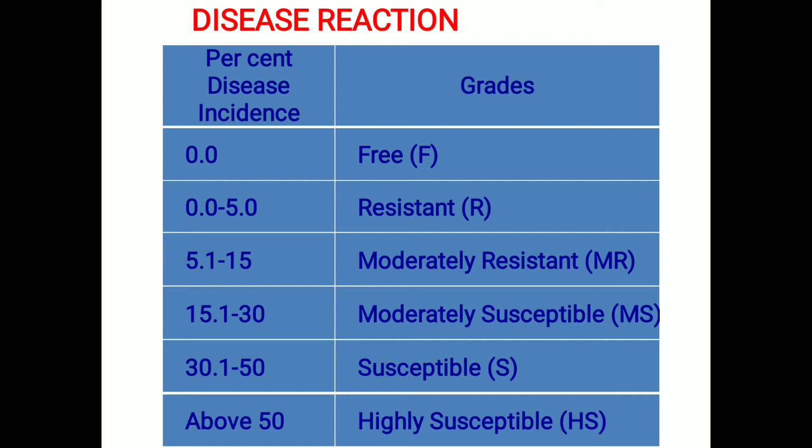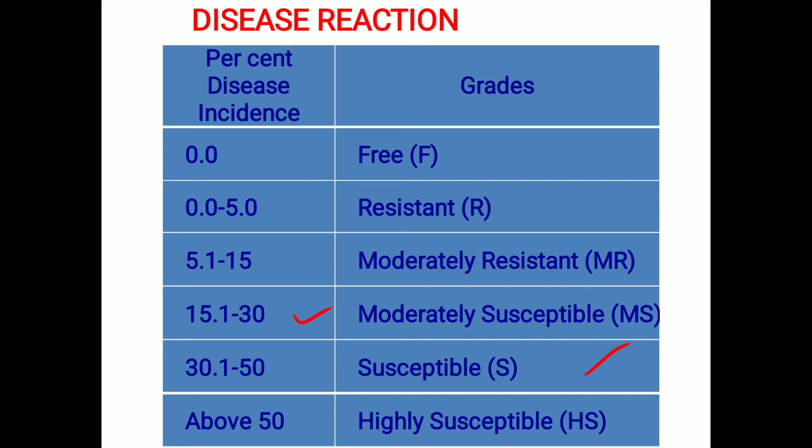At 0% disease incidence, the crop is completely free from disease. If disease incidence is from 0 to 5, the host or plant is resistant. If PDI, percent disease incidence, is 5 to 15, the crop is moderately resistant. From 15 to 30 it is moderately susceptible, and 30 to 50, the crop is susceptible.